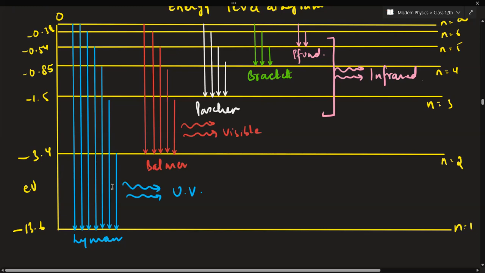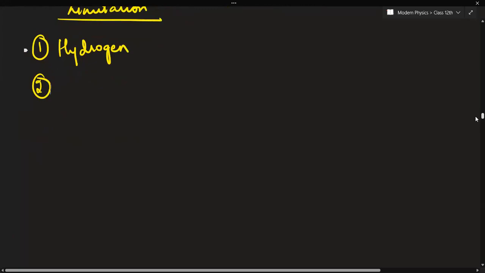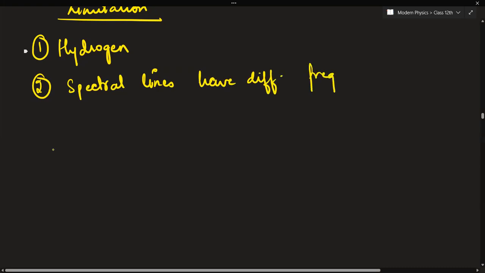So the Bohr model is not justifying every frequency; it is just referring to the spectral series overall. The second limitation is that in the hydrogen spectrum, spectral lines have different frequencies.